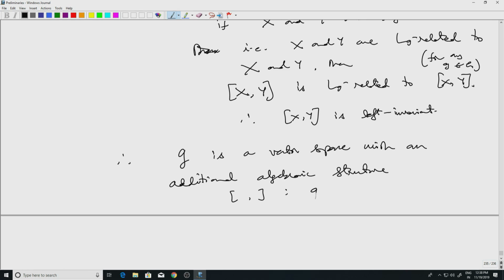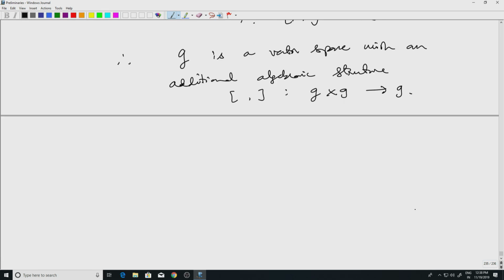So this is a map from g cross g to g, and this is the Lie bracket of vector fields.